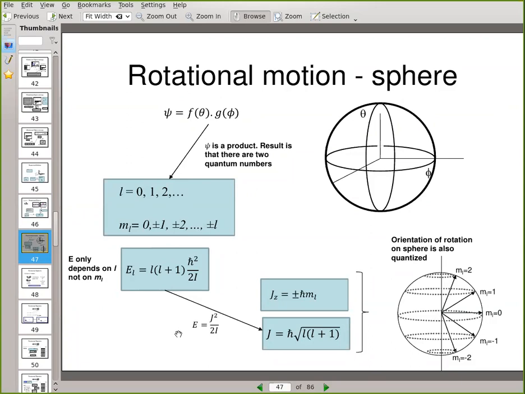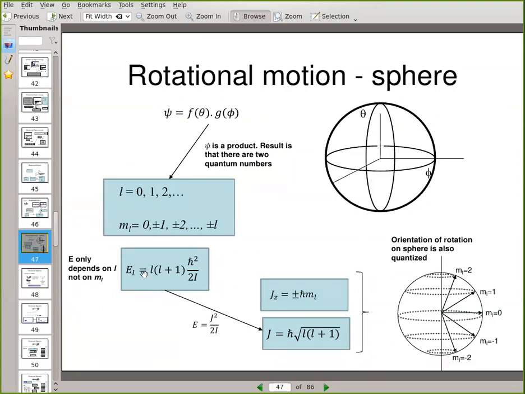allow for the energy. Okay, so the energy levels, where L can be 0, 1, or 2, go up like this. When L is naught, your energy is 0. You are allowed to have 0 energy for rotation.